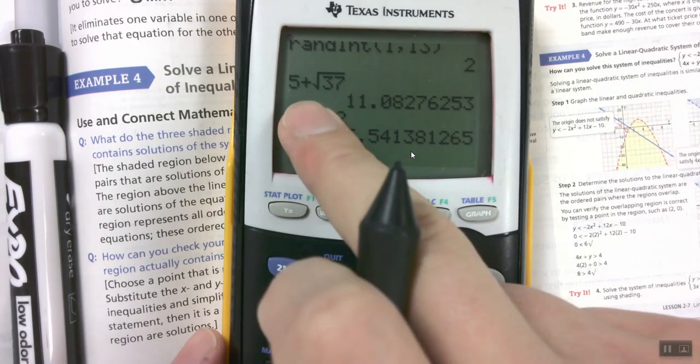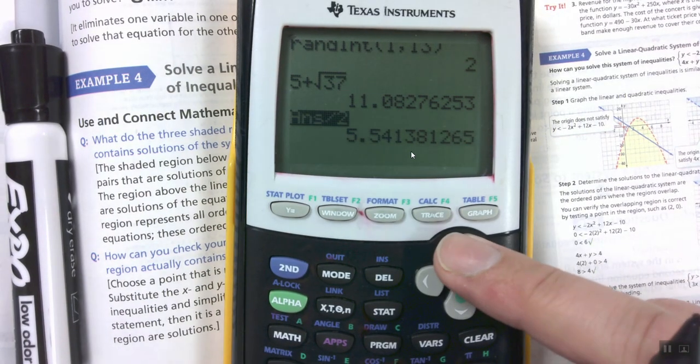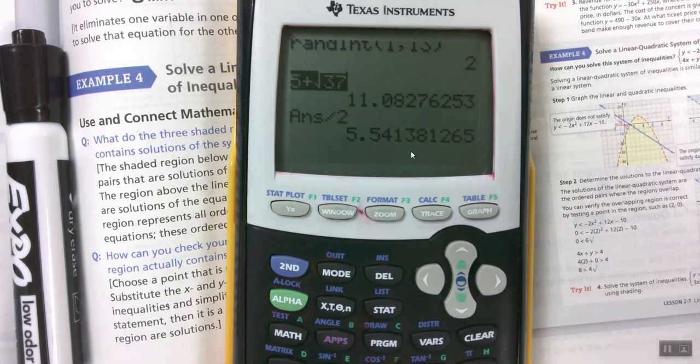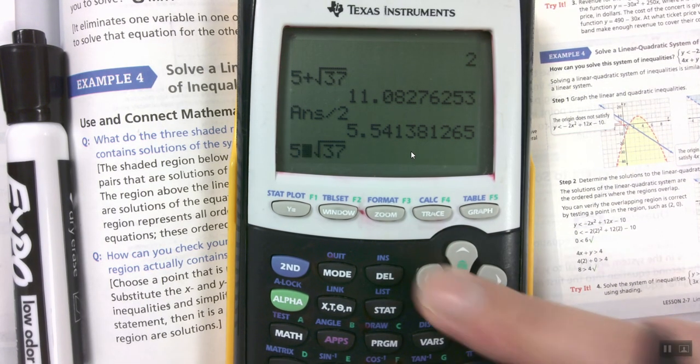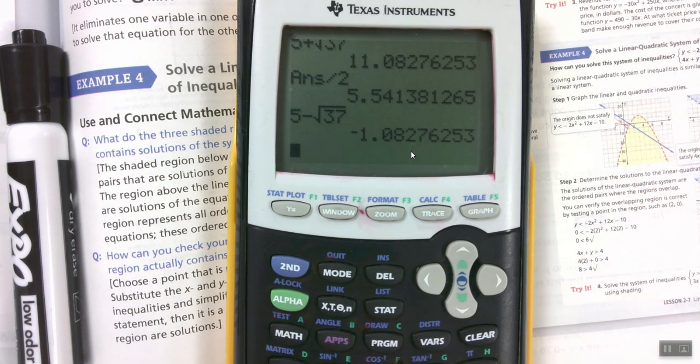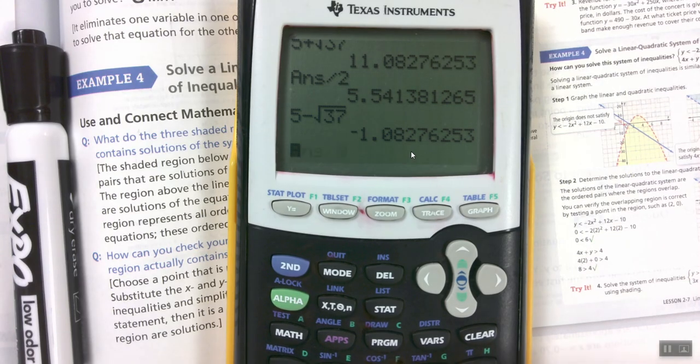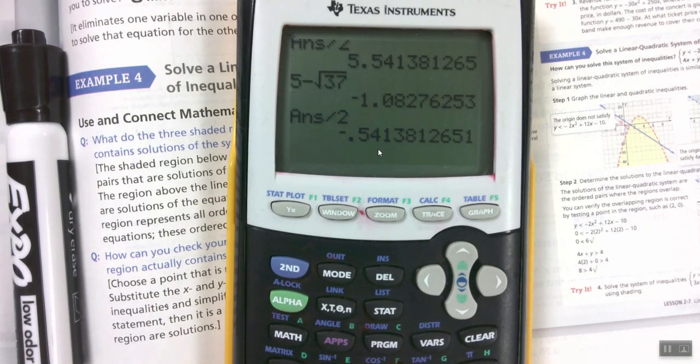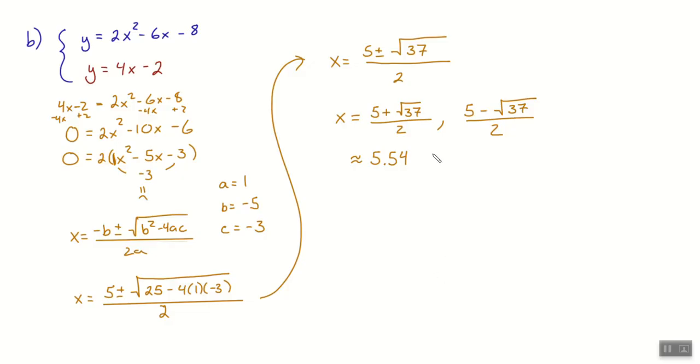When I'm here, notice I just had 5 plus root 37. You can just scroll up if you want and do this. We'll just change it to a minus. I'll hit enter and then divide it by 2. And I think that we should get negative 0.54. Okay, are we done?